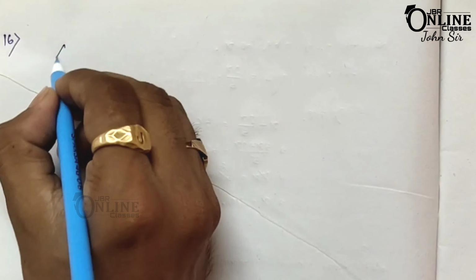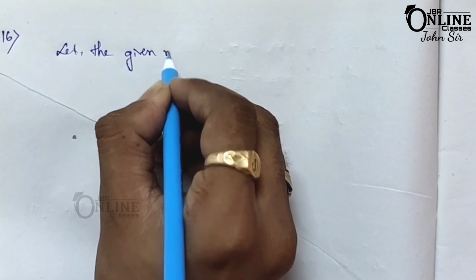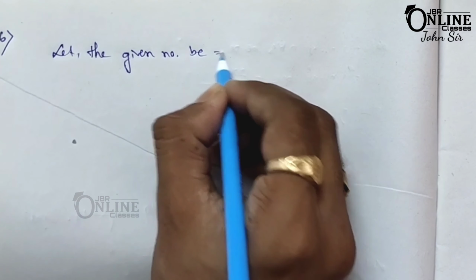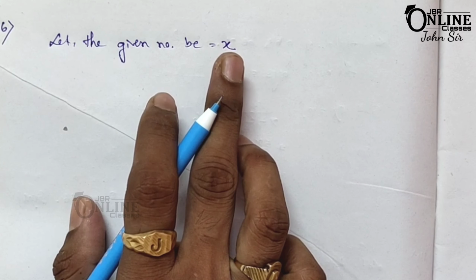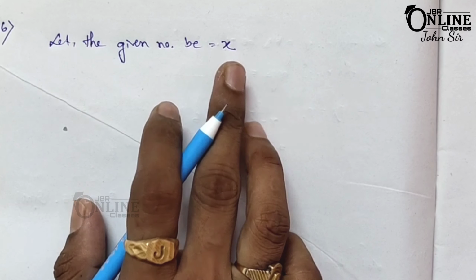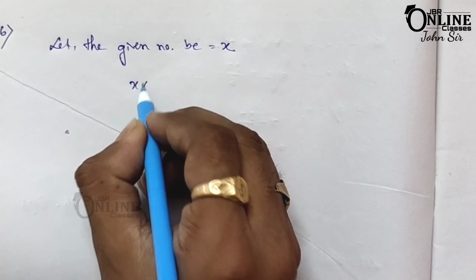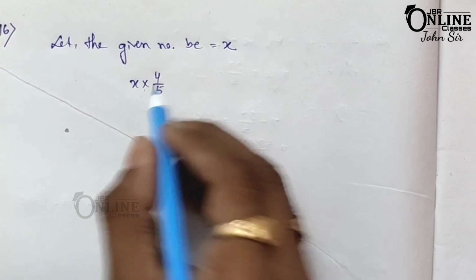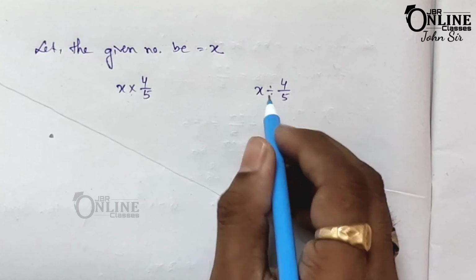So first write down, let the given number be x. According to the condition, first he was to multiply 4 by 5 with that given number, but by mistake he divided it. First he was asked to multiply this number, but by mistake he divided this number by 4 by 5.